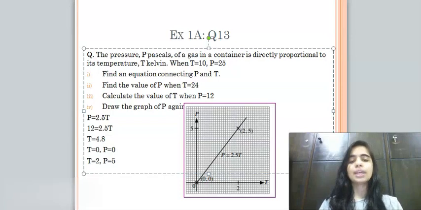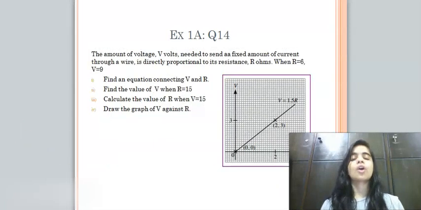So again, very easy. We will simply join the 2 points. We will plot them, we will join them, and we will make the line of P is equal to 2.5 T. Alright, so I hope you understood this question. Now let's move towards the next question.